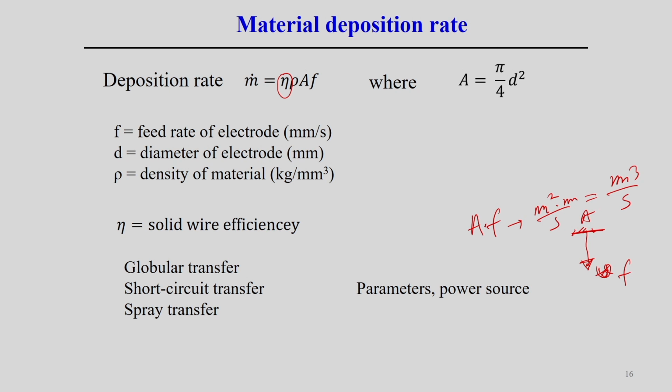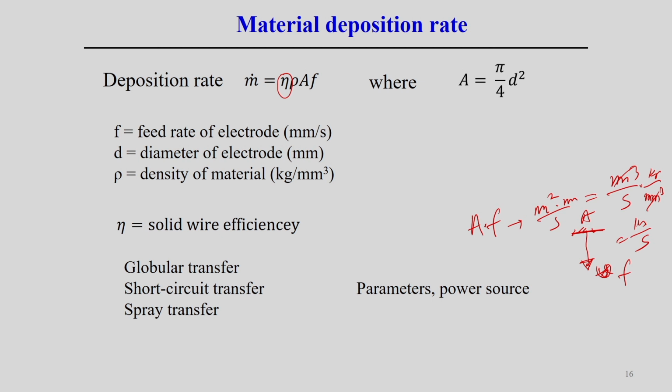When you multiply it by the density, for example in kg per millimeter cube, it becomes kg per second. This is the mass flow rate, a simple calculation, but we can use the solid wire efficiency term because there may be some loss we can account for in terms of the efficiency.